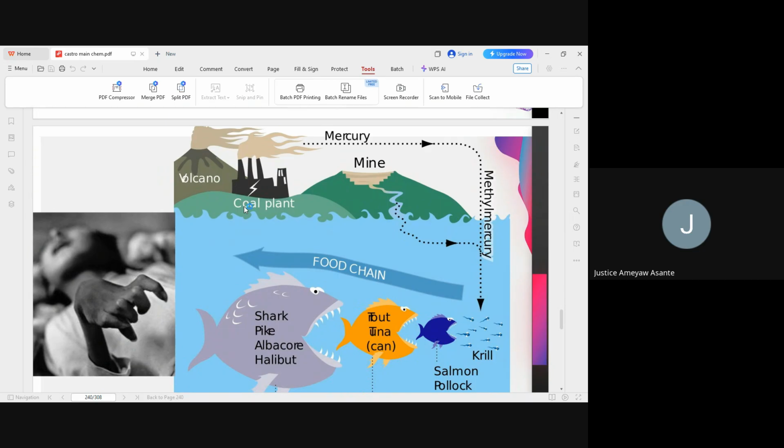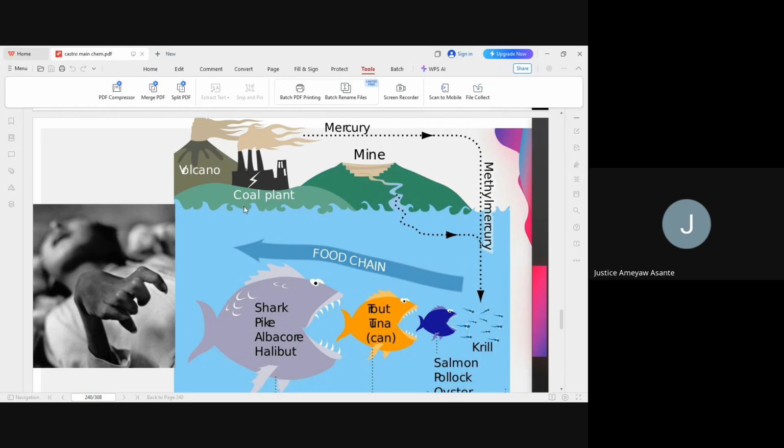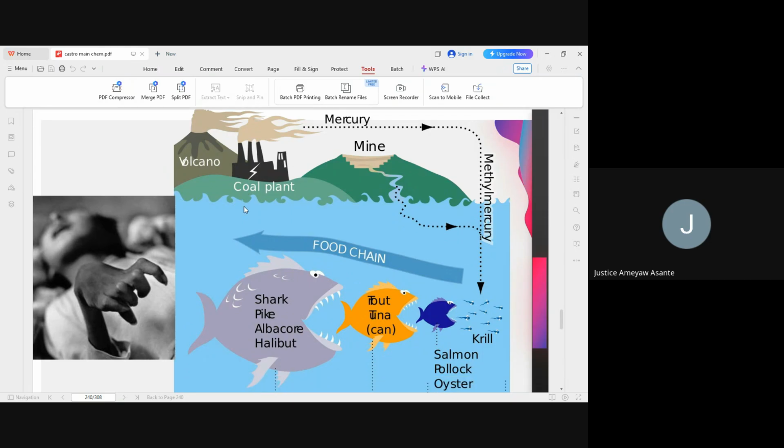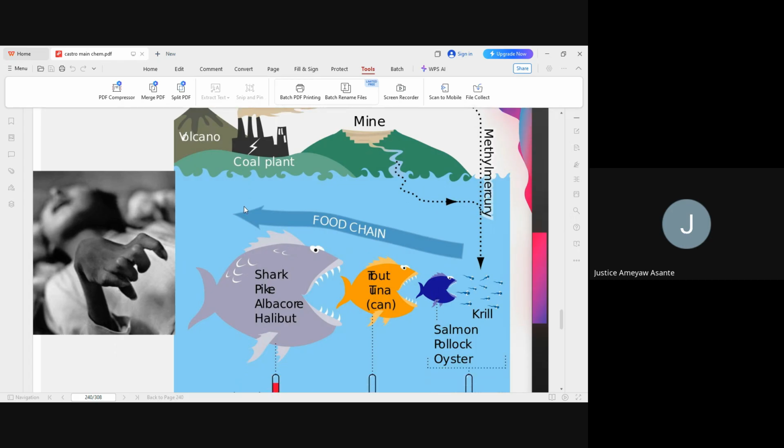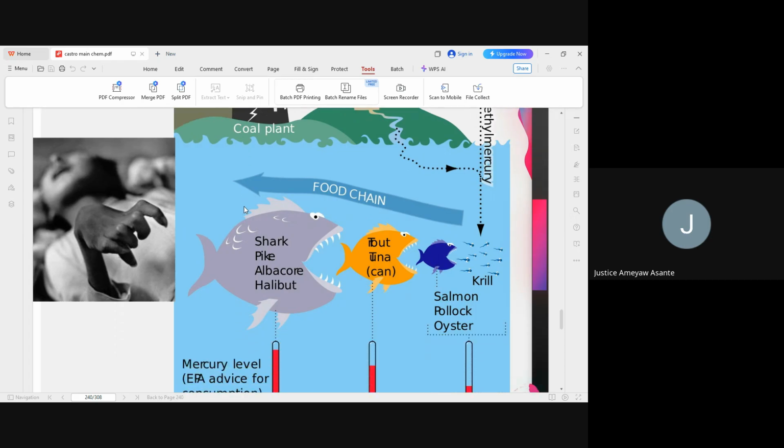So mercury, when a volcano erupts, it produces mercury dust. So this mercury comes down as mercury, then it goes back to the sea. Salmon, crab, and oysters take them. Sharks too, so sharks eat this mercury.